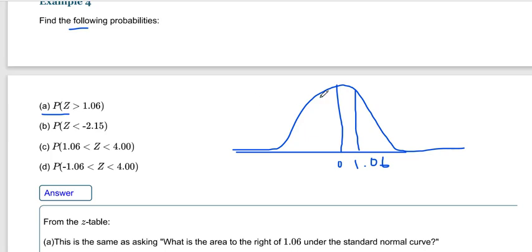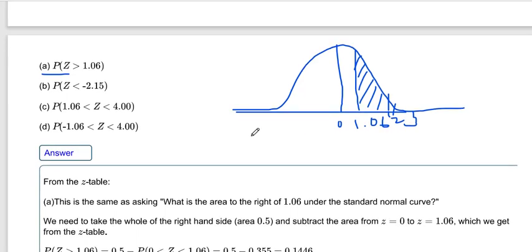We have to find the probability greater than 1.06, which means this area that I have highlighted, up to infinity. So we just have to find the probability above 1.06. In the previous example, as I said, to find this you have to use the z table, but the z table only gives values from 0 to 1.06.